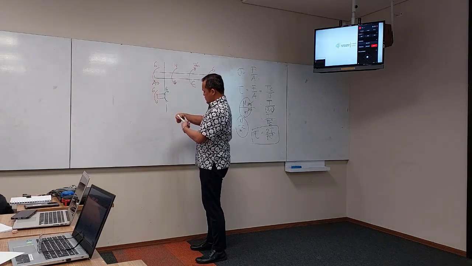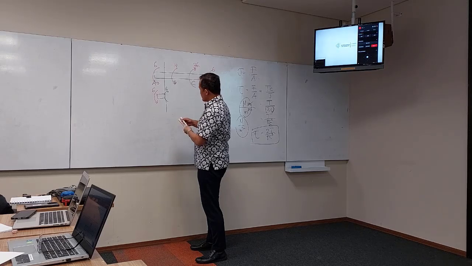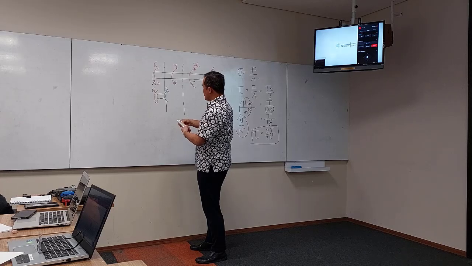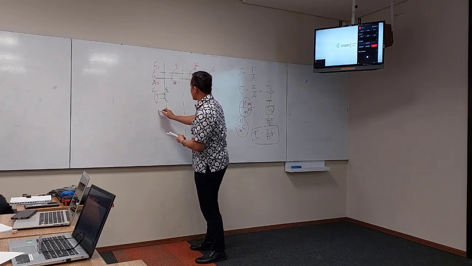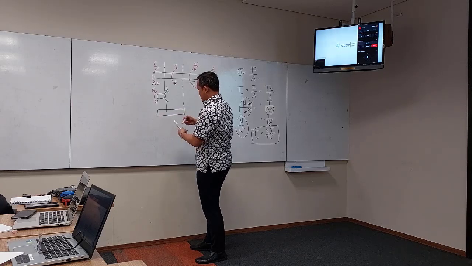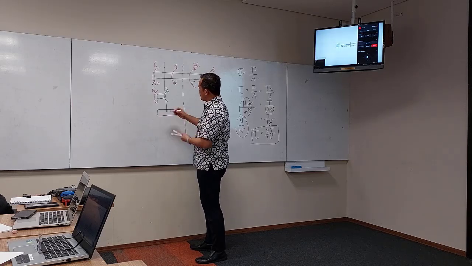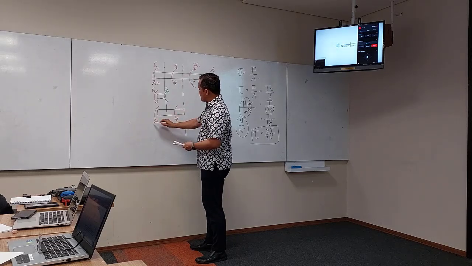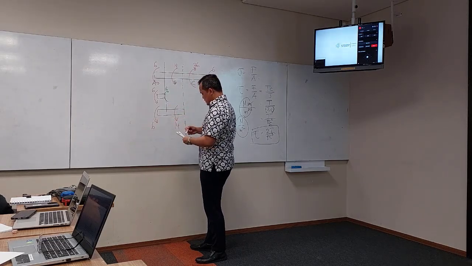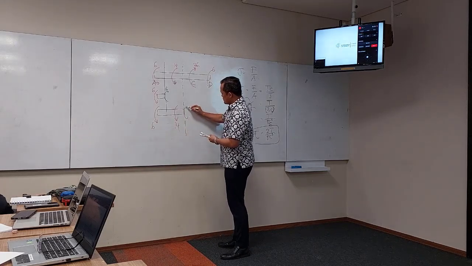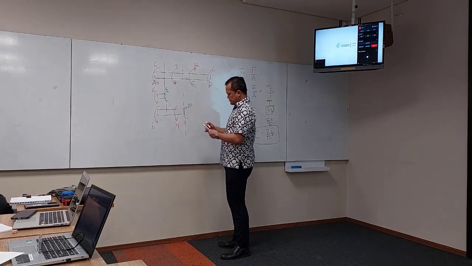Then in a similar way, you have 6, you have 14. 20. Therefore, it is 20 kilo.